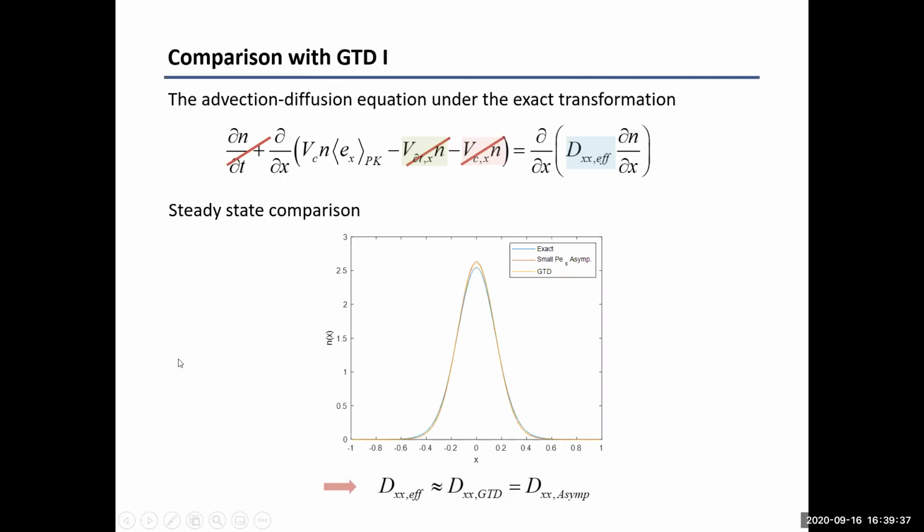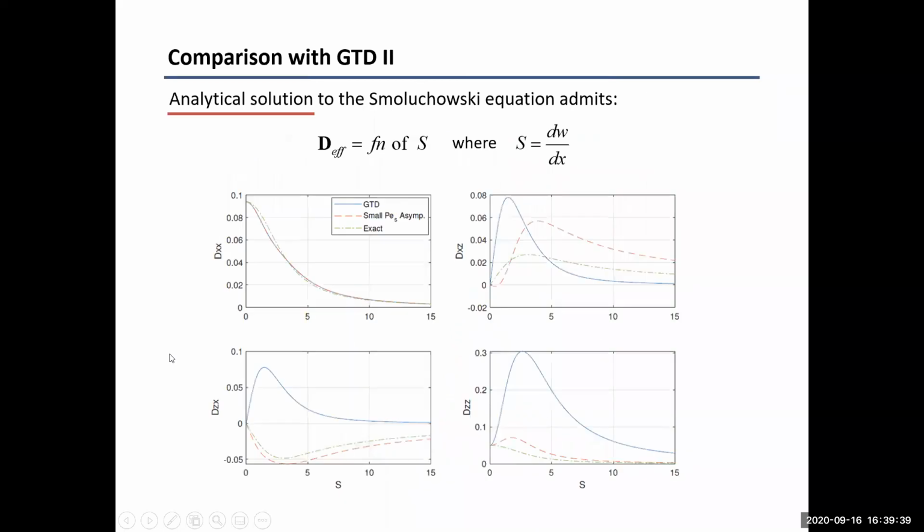Okay, so in this particular case, what is good is that you can get the full analytical solution of the Smoluchowski equation. Using that solution, you can define the strength of shear dW/dx, and plot the effective diffusion coming from the Smoluchowski equation as a function of the shear.